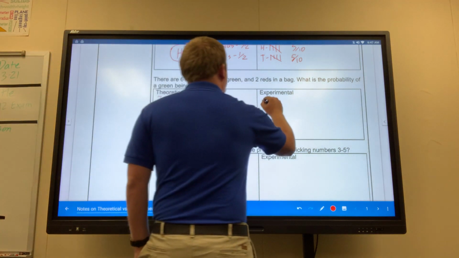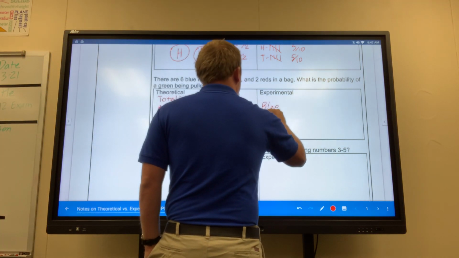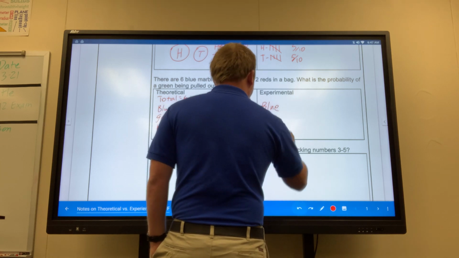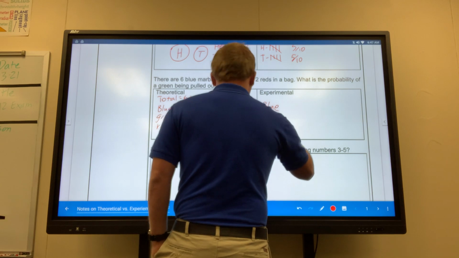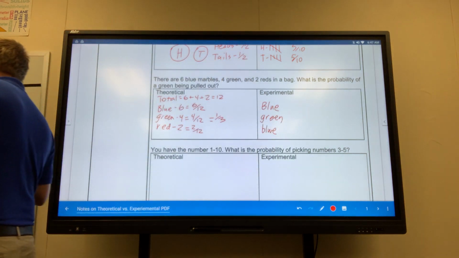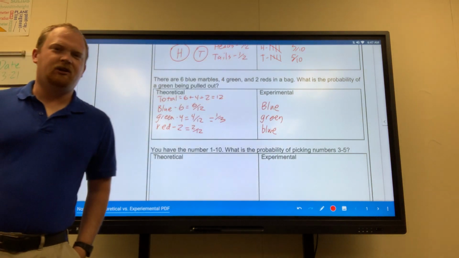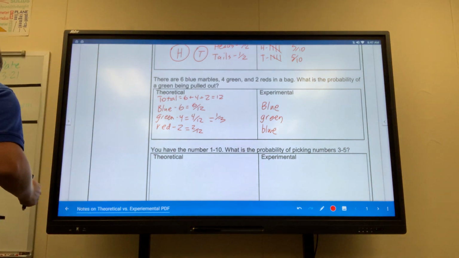Now if I do the experimental, which I don't have blue and green marbles with me, but what I do have is a random name generator. Okay?